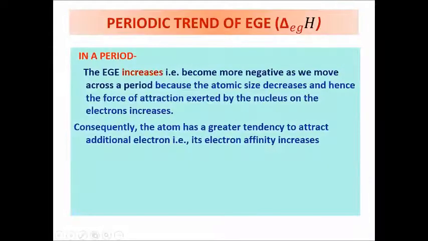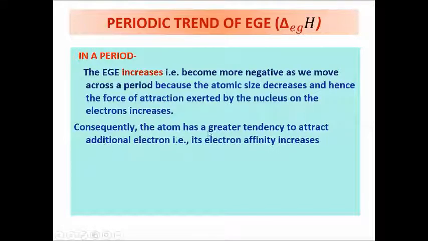Now let's see the periodic trend of electron gain enthalpy along the period as well as in the group. Electron gain enthalpy increases in a period and becomes more negative, because the atomic size decreases along the period, and therefore the force of attraction exerted by the nucleus on the electron increases.